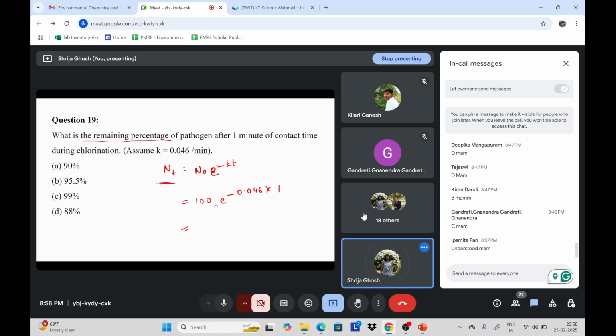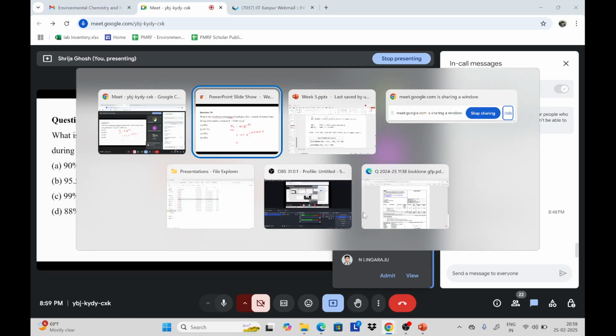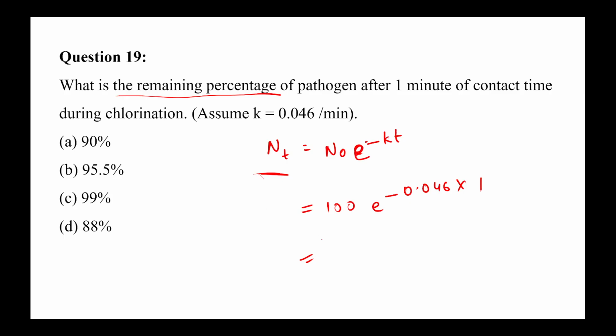This will come around 0.955. So 100 into 0.955, and if you further solve it, then you will get 95.5%. So the correct answer is option B.